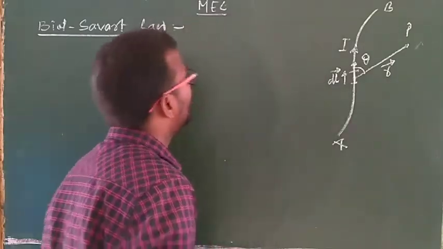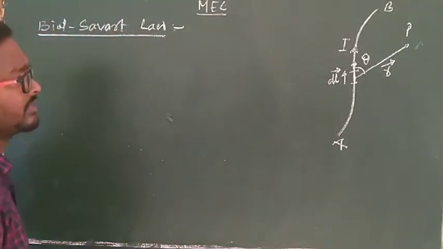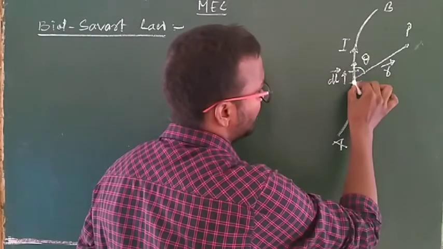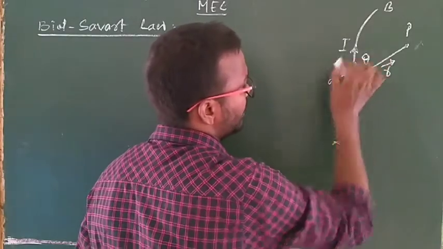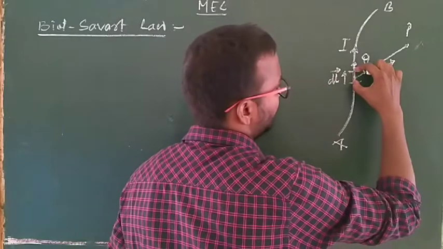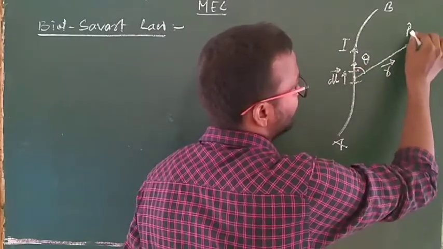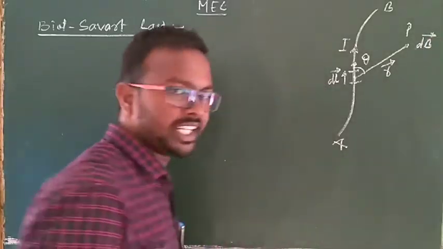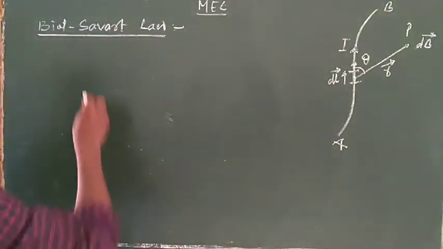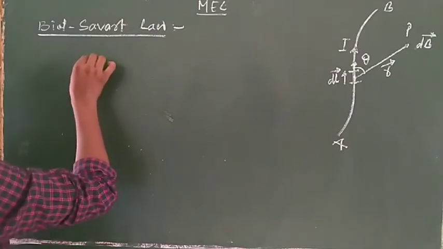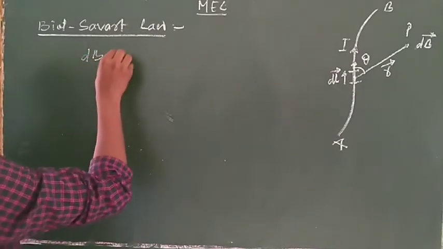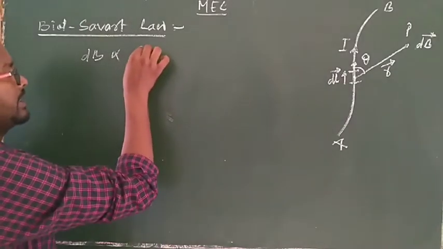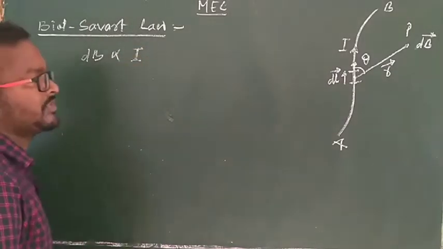Clear? So according to Biot Savart law, if there is a small element dl and current I flowing through the element, then the small magnetic field at point P, that is dB, is directly proportional to I, the current flowing through the conductor.